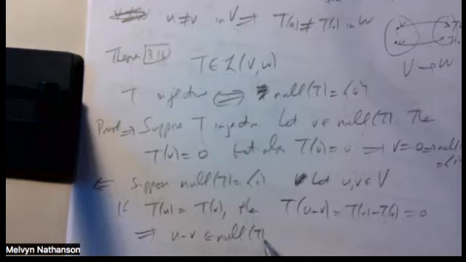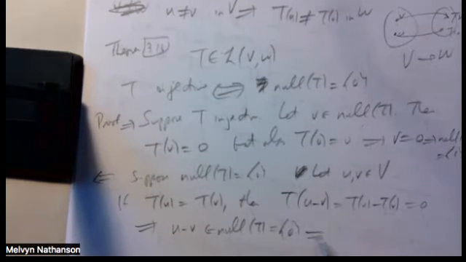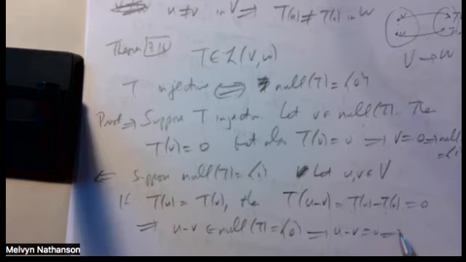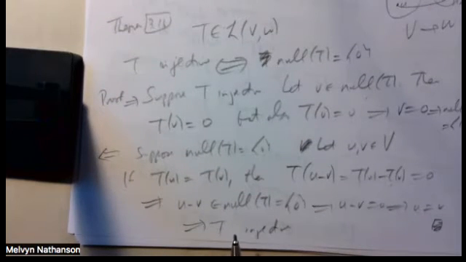It's in the null space of T. But the null space of T only has one vector and it's zero. So that means U minus V equals zero, or U equals V, which means T is injective. So a linear map is injective if and only if its null space is zero. Questions about this?